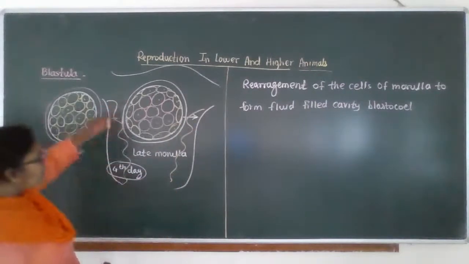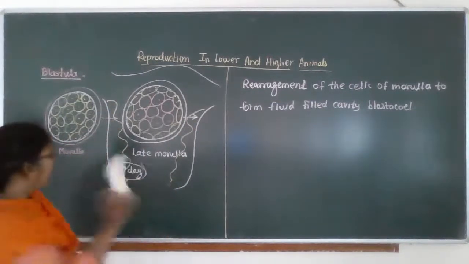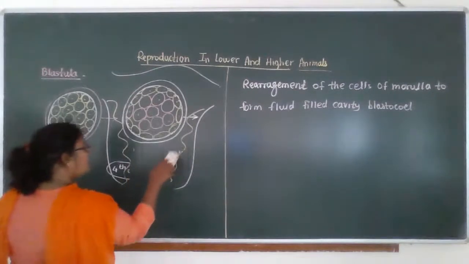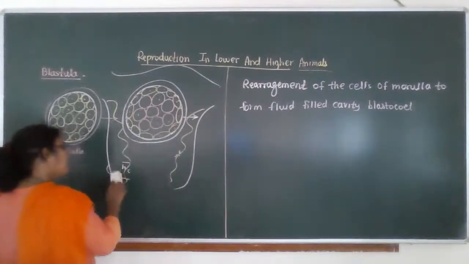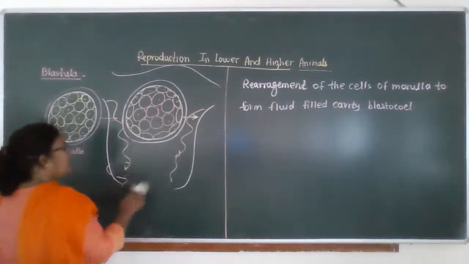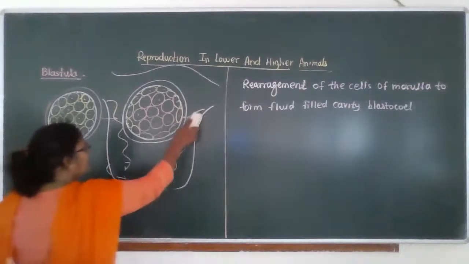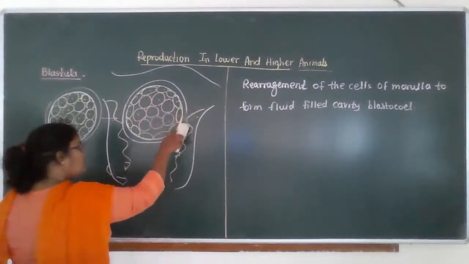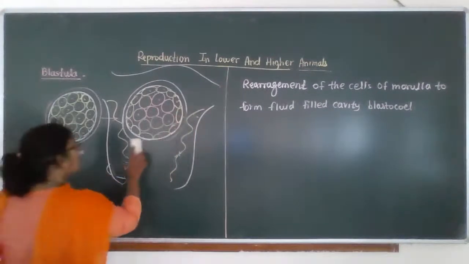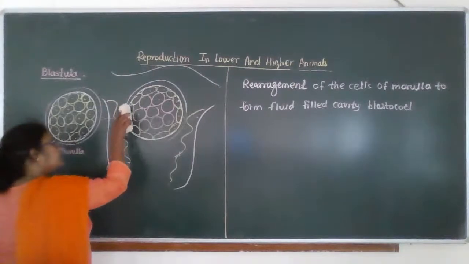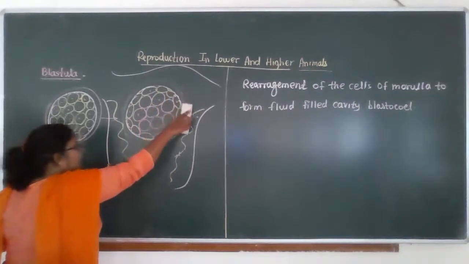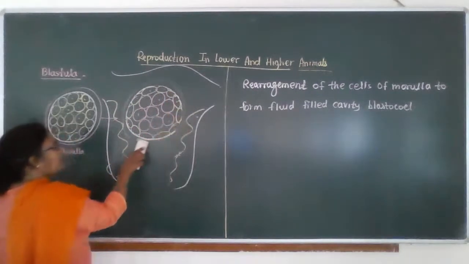What happened? Because of the action of the uterine fluid, when the morula enters into the uterus, the zona pellucida layer gets dissolved or broken by the action of the uterine fluid, as well as the plasma membrane around it.